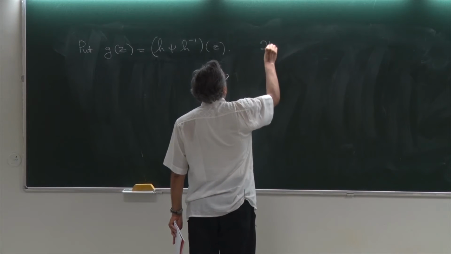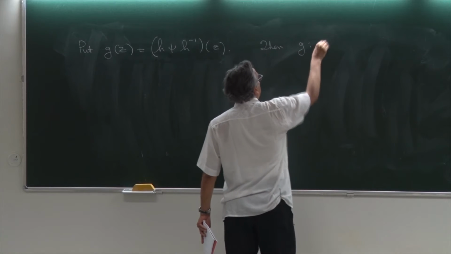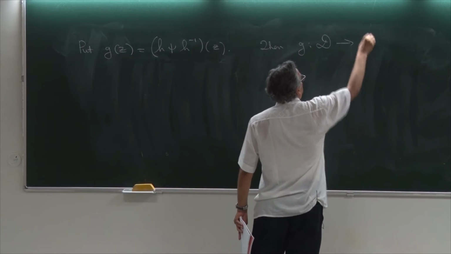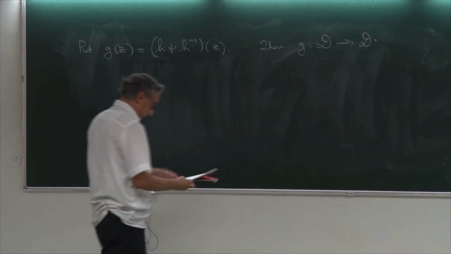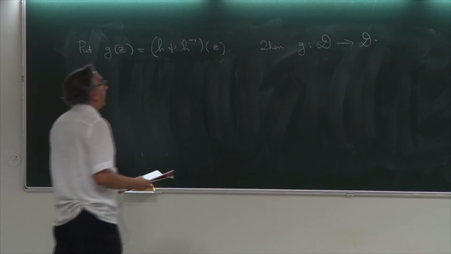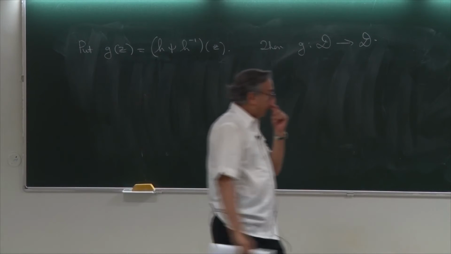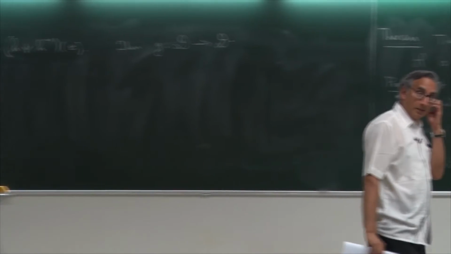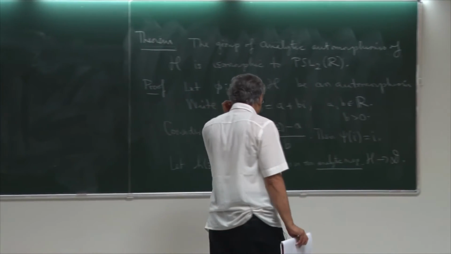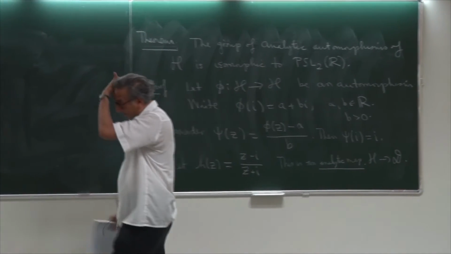Then G is a map from the disk to the unit disk. Moreover, because everything is analytic, the composition of analytic maps is analytic, so G is an analytic map.